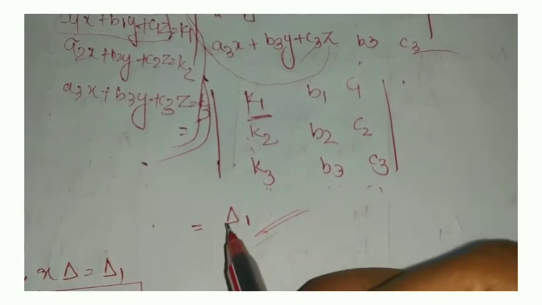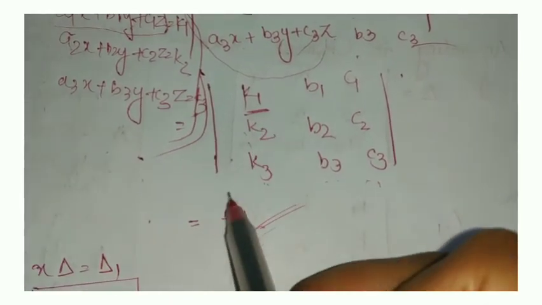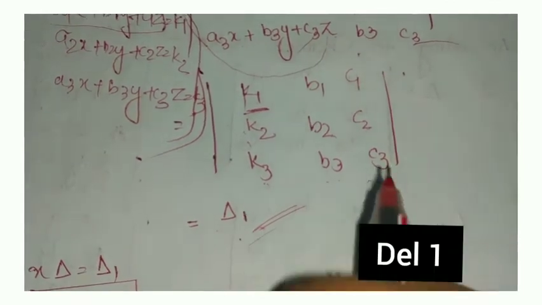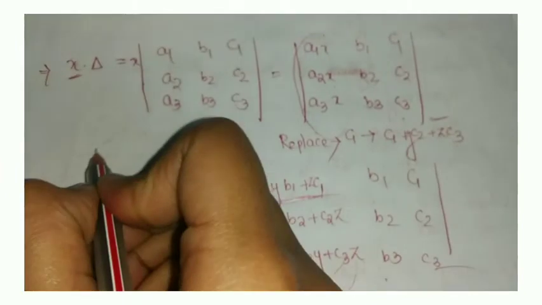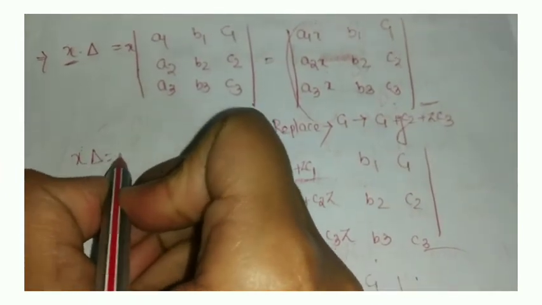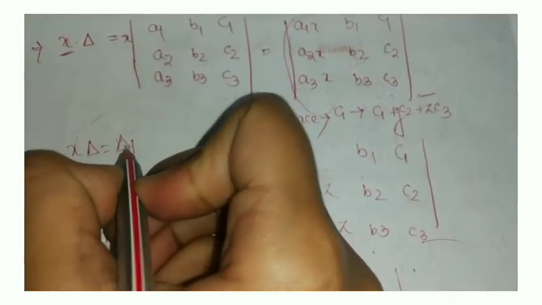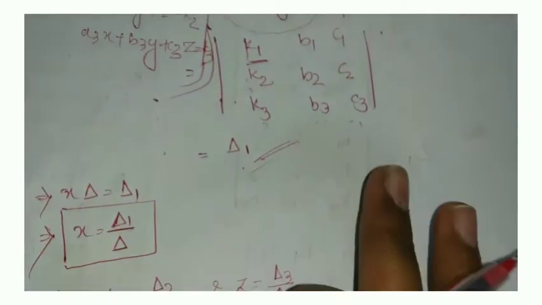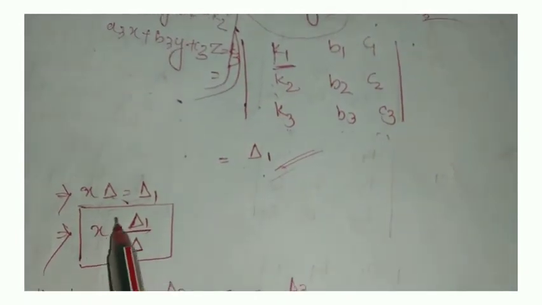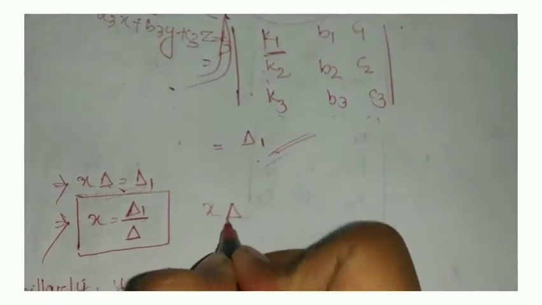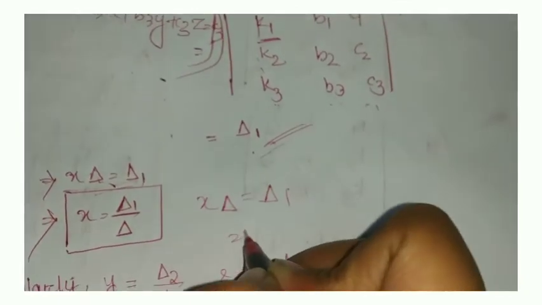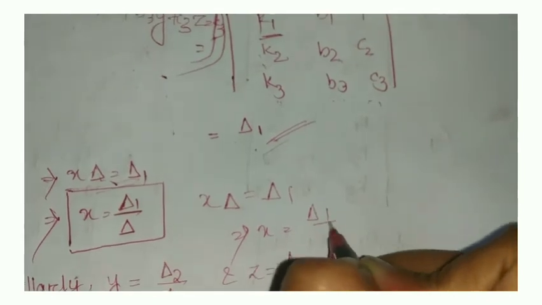So del times x is equal to del 1, which implies x is equal to del 1 by del.